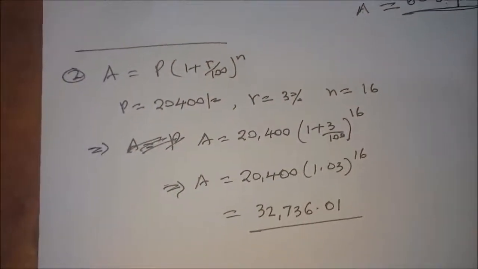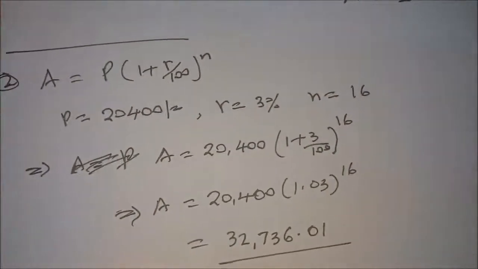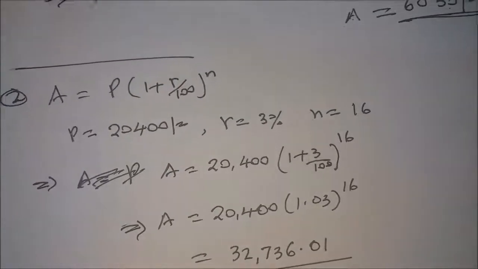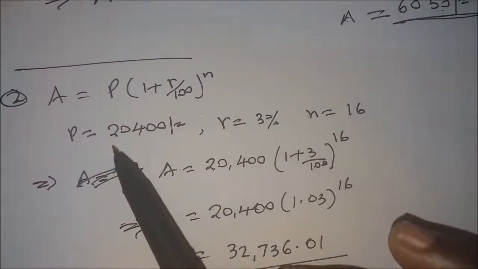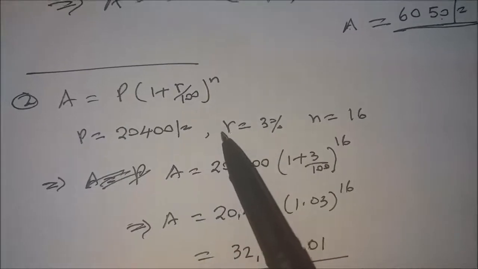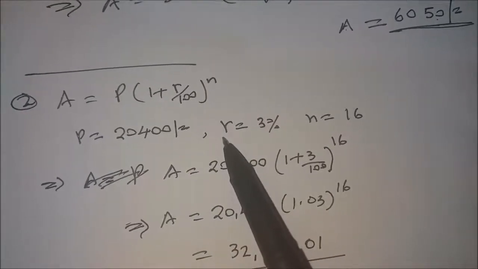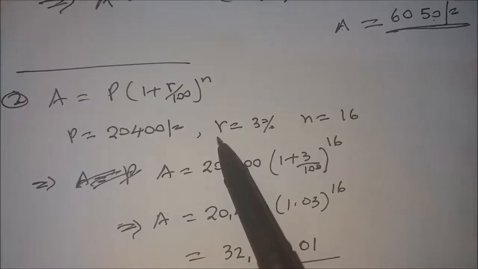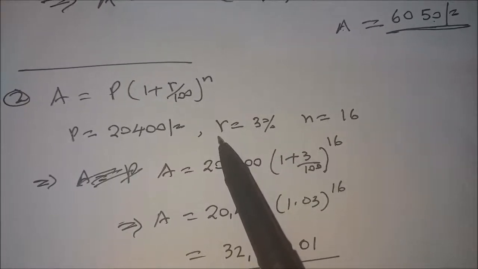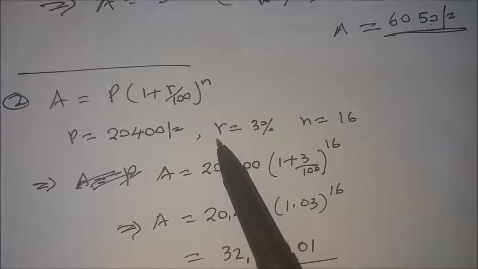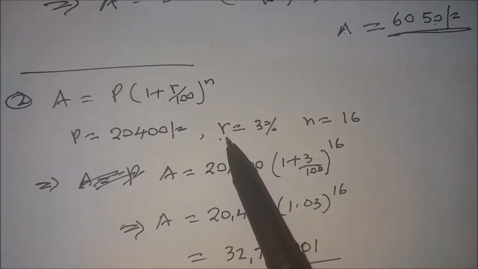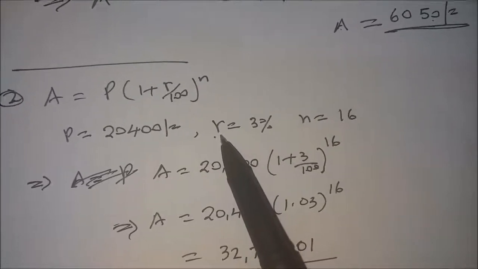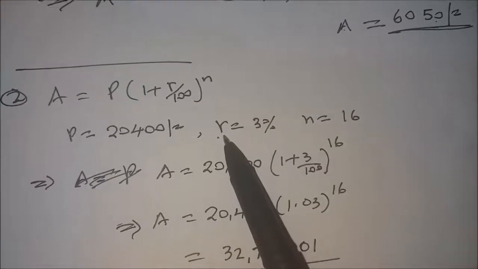For the second one, we apply the same formula where P is 20,400, but now rate was given as 12% per annum, but interest is compounded every 3 months. That means in 1 year, interest is compounded or calculated 4 times.